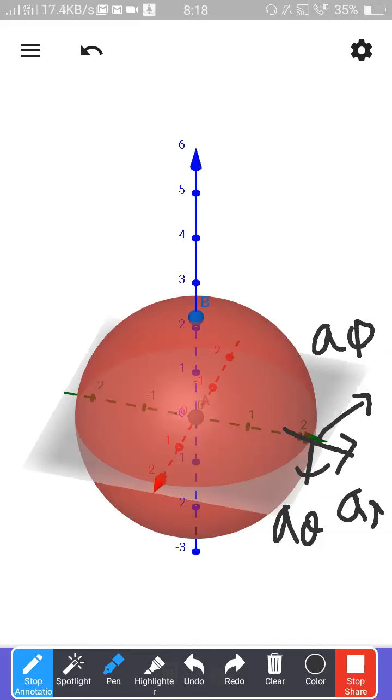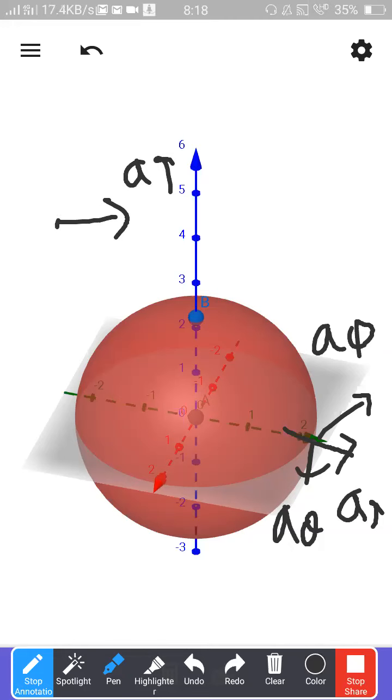Or otherwise, you can modify this diagram in such a way that you are familiar with that notation, then you just try to apply. I think for visualization, you can put it like this also. a_r can be like this.